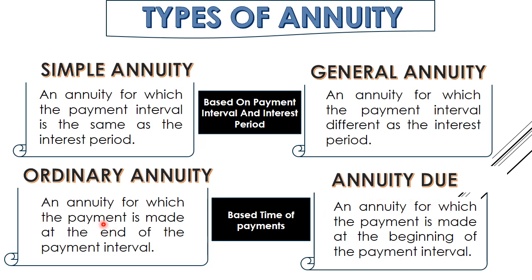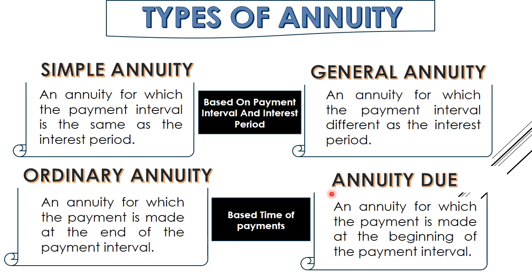An ordinary annuity is when the payment is made at the end of the payment interval. For example, your payment interval is every 3 months, so that would be quarterly, and the payment is at the end of the quarter. We can say that this is an ordinary annuity.